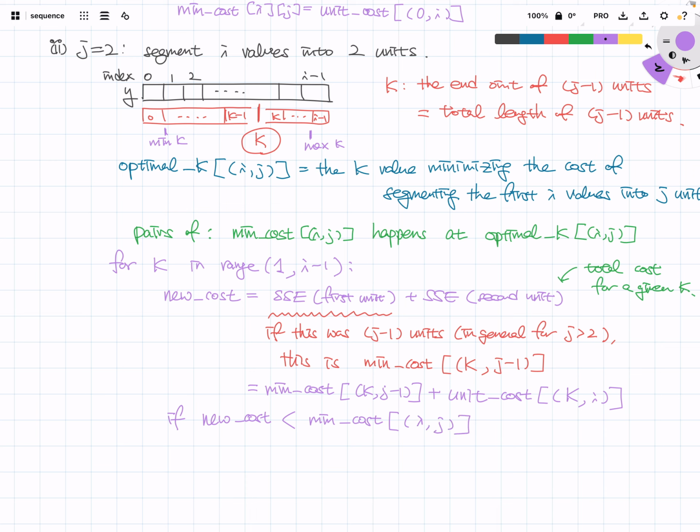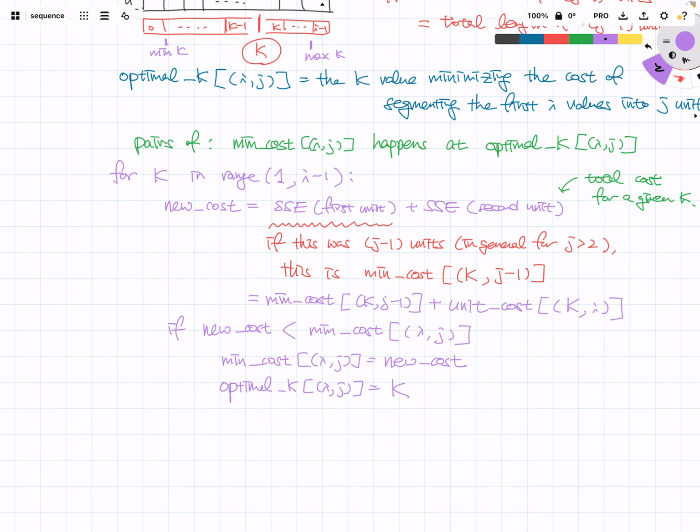Because we are splitting first i values into j, we can update to new cost, and we also have to update optimal k. Because this specific k results in the lower value.